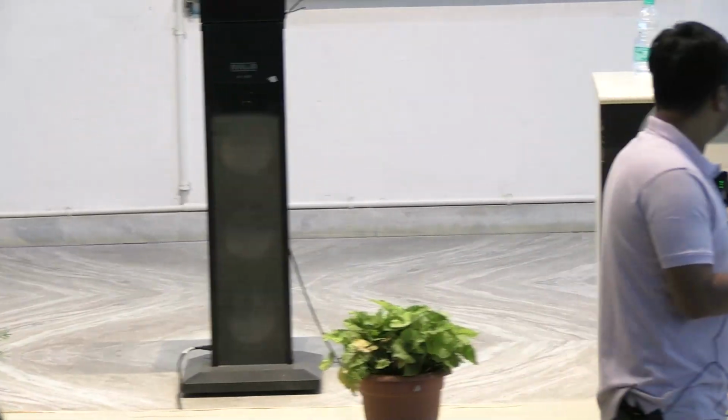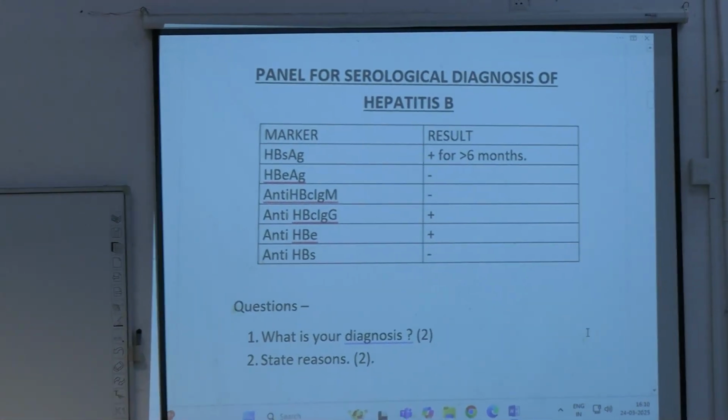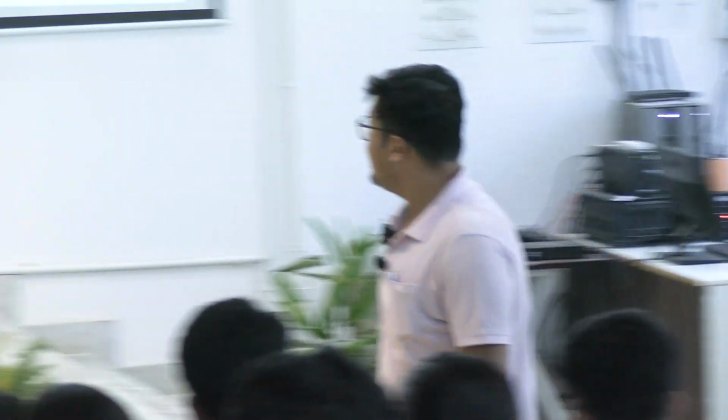So next panel, the second panel, is hepatitis. HBsAg antigen present for more than 6 months.